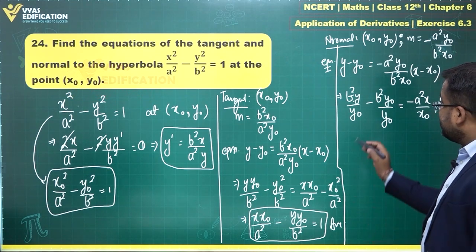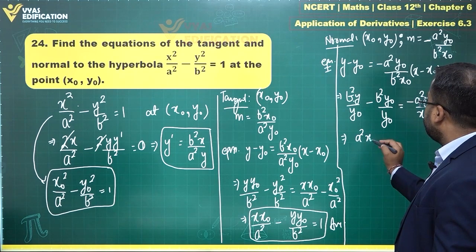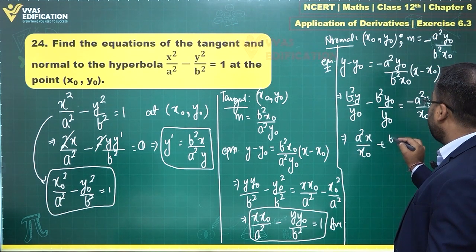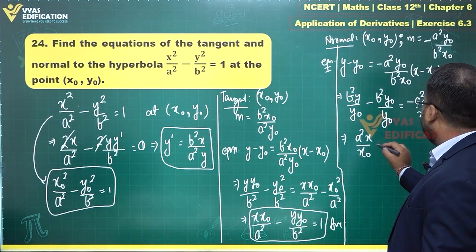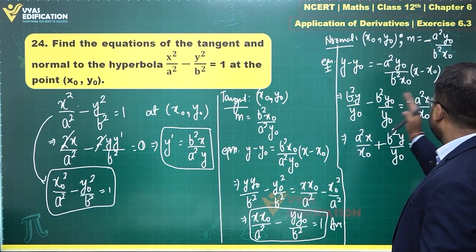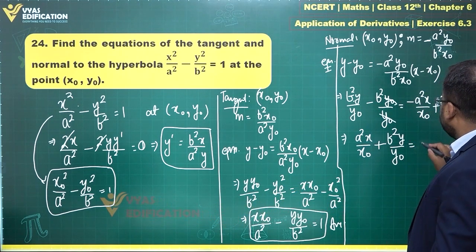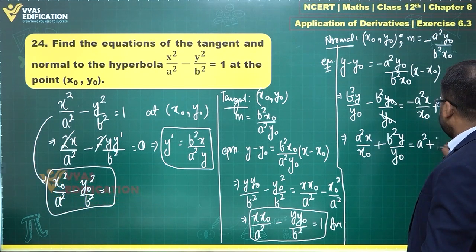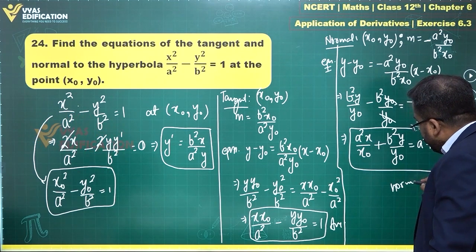Let's rearrange a bit. Let's bring this a square term over here. A square x over x naught plus b square y over y naught is equal to this plus this. And what is that? This y naught goes, this x naught goes, this is simply a square, and this here is plus b square. That is the required equation of normal.